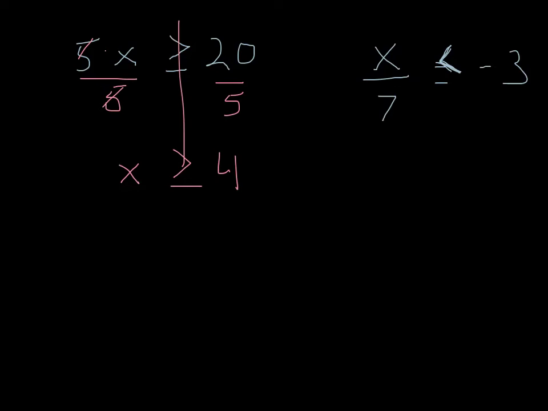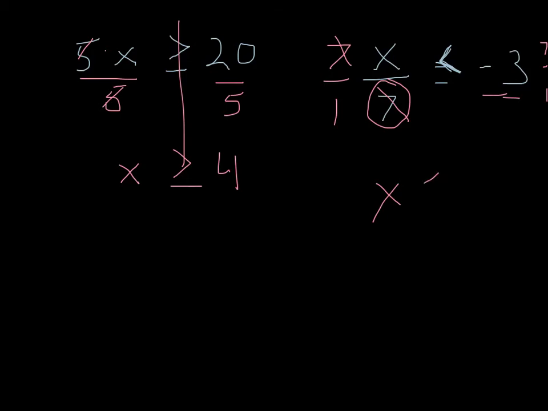Even though we have this negative 3 over here, this 7 is positive. So x divided by positive 7, we're going to multiply both sides by positive 7, or 7 over 1 if you want to look at it that way. That way these will cancel and we're left with x. If we had multiplied both sides by negative 7, we would get a negative x there, and that's not what we want.